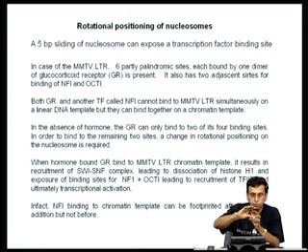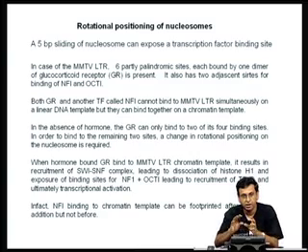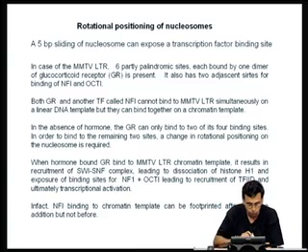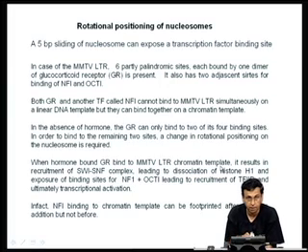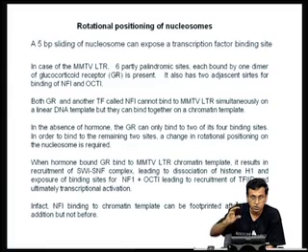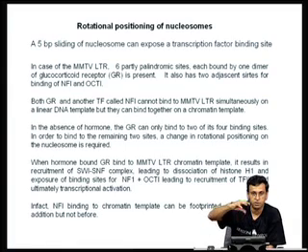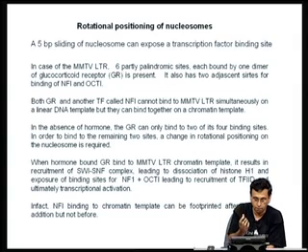That means the nucleosome, the histones, have to slide a little bit so that the other 2 sites can also be exposed. So, when hormone-bound glucocorticoid receptor binds to the MMTV LTR chromatin template instead of a naked DNA template, it results in the recruitment of the SWI/SNF complex. So, the hormone induces a conformational change in the transcription activation domain of glucocorticoid receptor, resulting in the recruitment of the SWI/SNF complex.